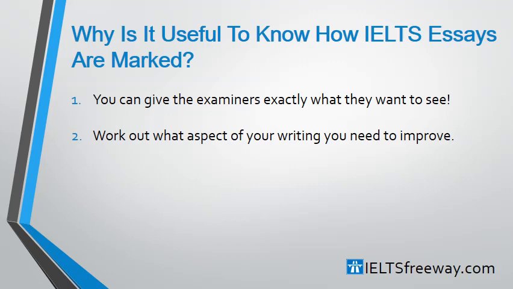So, once you know what you need to improve, you can then focus on improving that aspect or part of your writing. And that's really crucial to getting better. If you just keep on doing the same things over and over again, then clearly it's not always the best idea if you're getting the same band score over and over again.